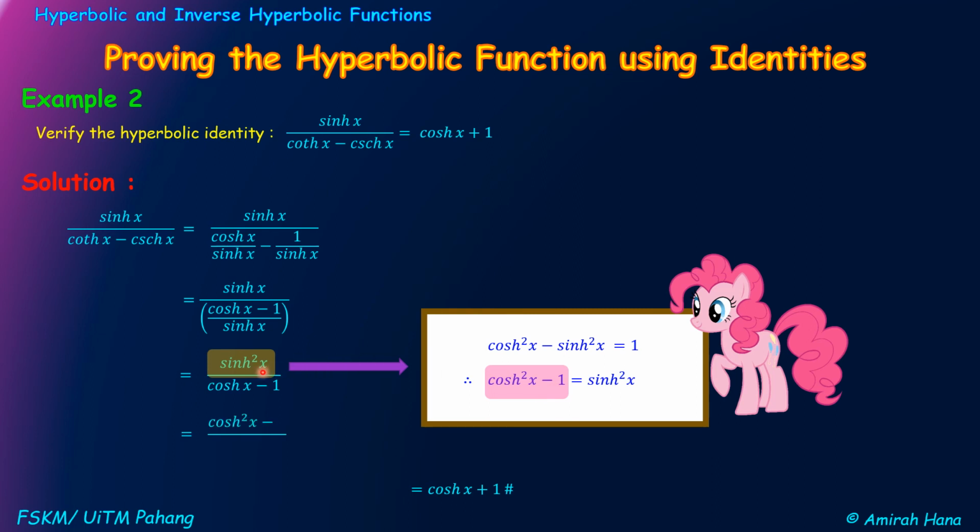So we can write here sin squared x equals cos squared x minus 1 over cos x minus 1. From this fraction, we need to simplify until we get cos x plus 1, no more fraction. So how do we simplify from this fraction to cos x plus 1?